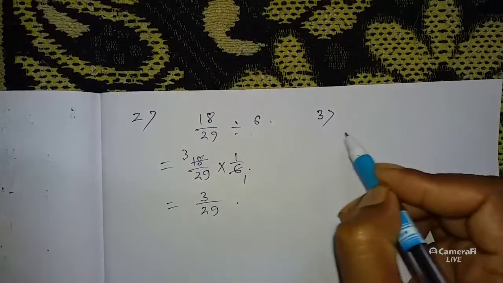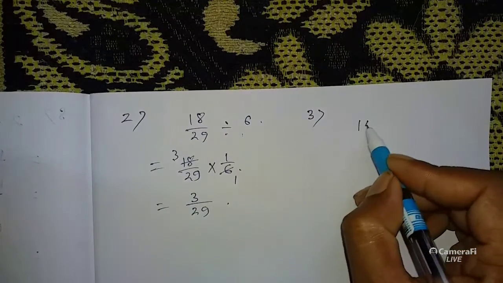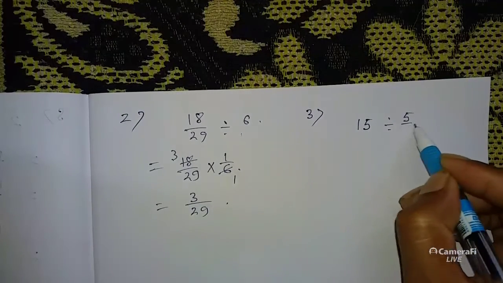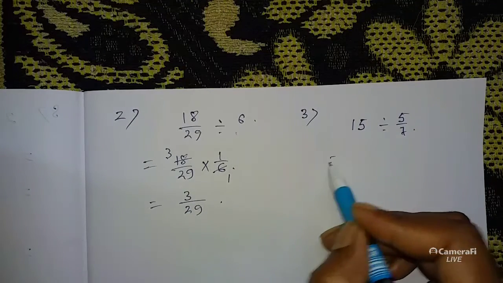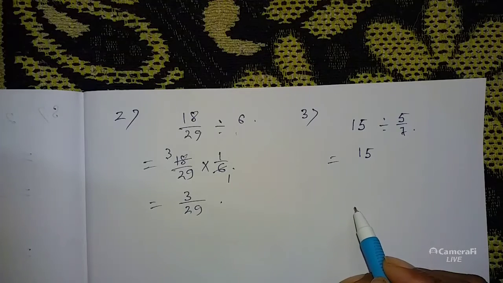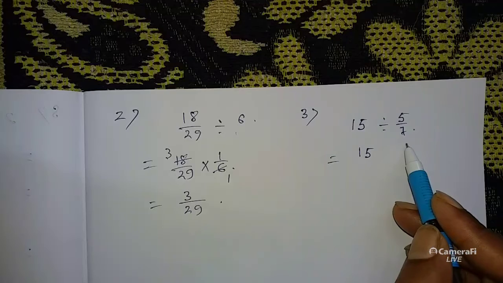Now, suppose we have to divide 15 divided by 5 by 7. Okay. Here the first number is 15, it remains 15, no change. Only we will change the second fraction.